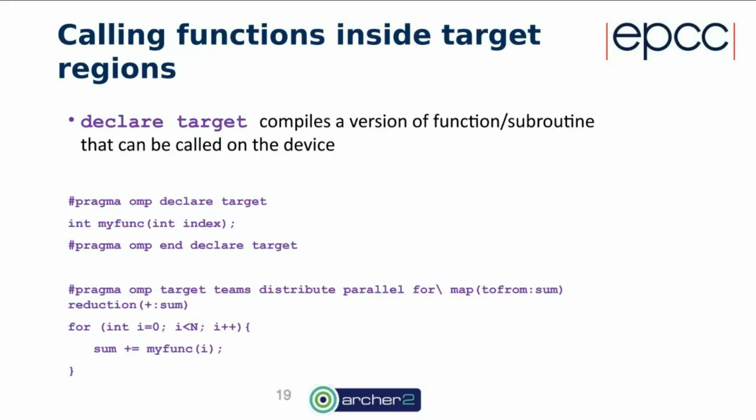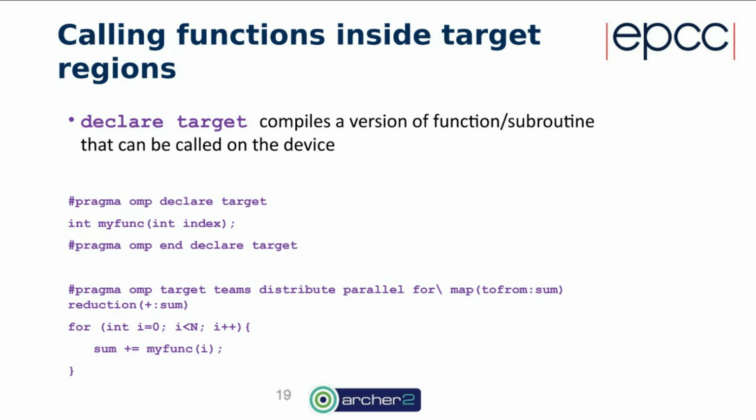Another piece of convenience is that if you want to call functions inside target regions, then you need some way of telling the compiler to compile that function for the device as well as the host. Basically you can do that with a declare target.